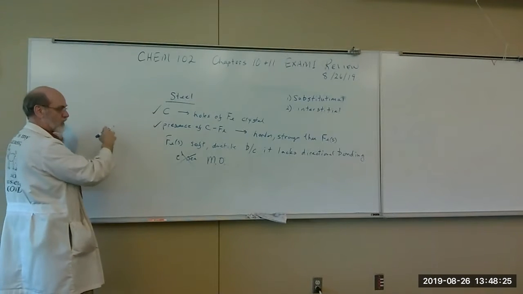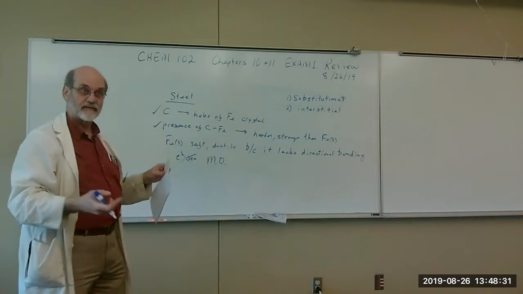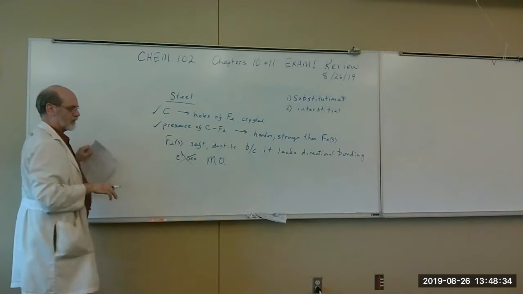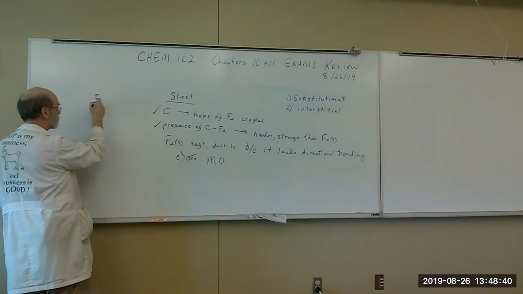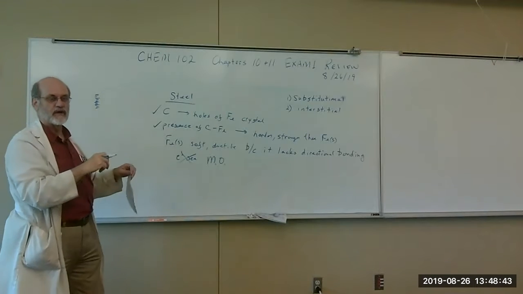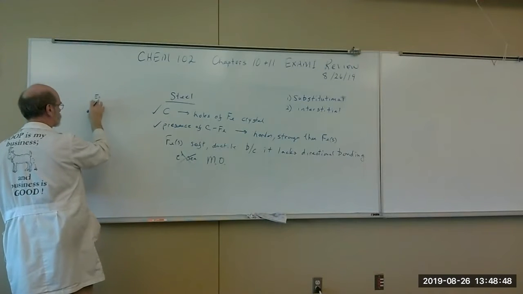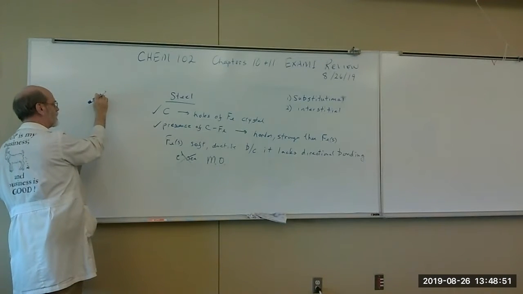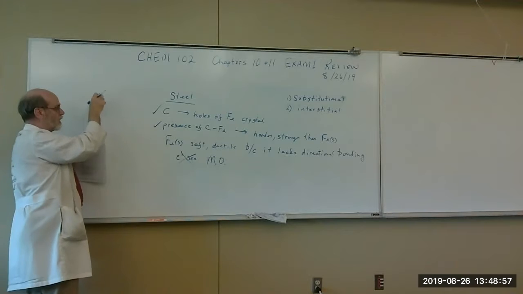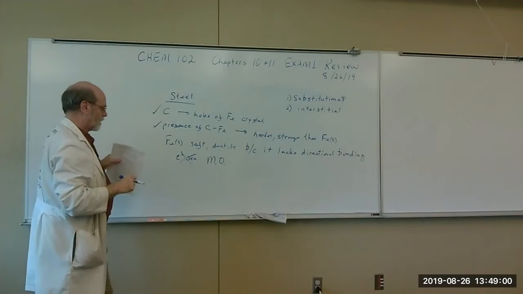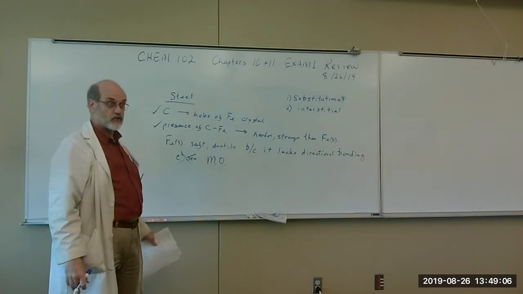But as you start increasing the number of iron atoms, remember molecular orbitals are spread over the entire lump of whatever it is. So once you get up into the neighborhood of a mole of iron atoms, you have almost a continuum of molecular orbitals available. And the difference in energy between the highest occupied one and the next one is so low that the electrons can jump. So what that means is those electrons can move in any direction. They're non-directional.